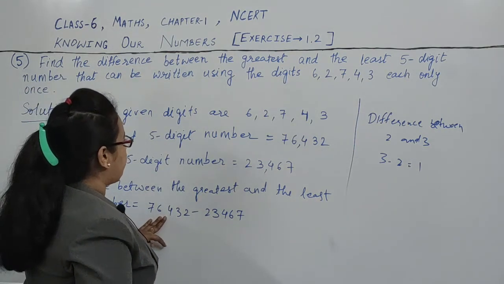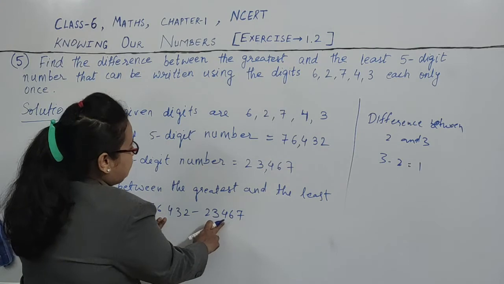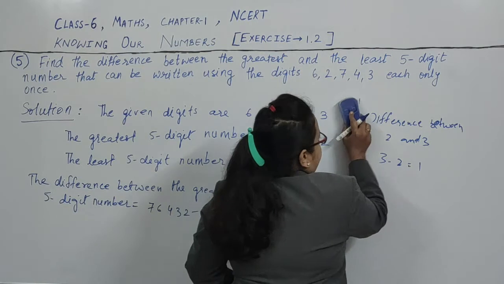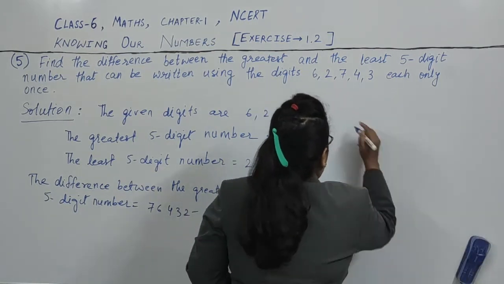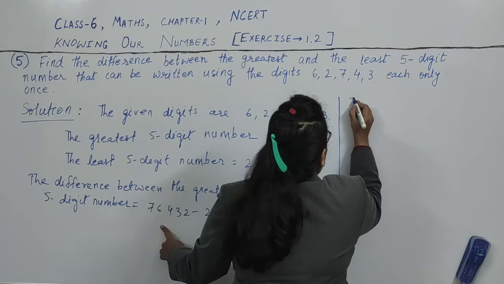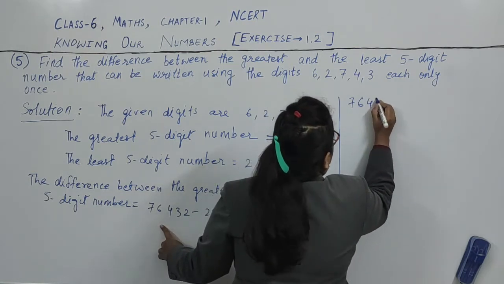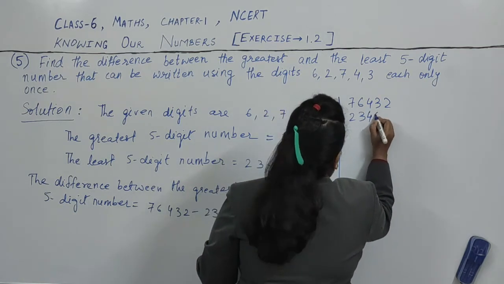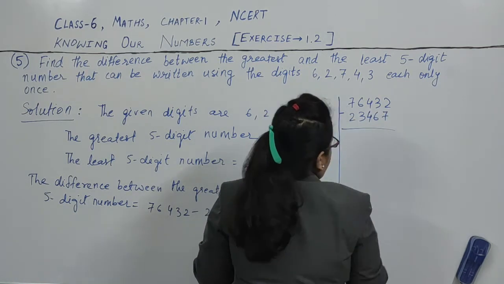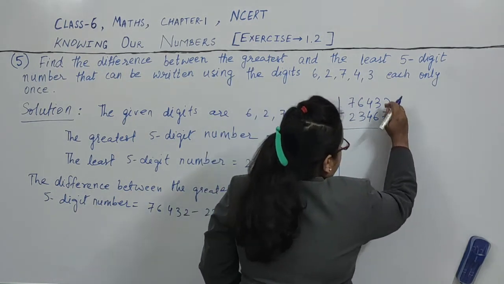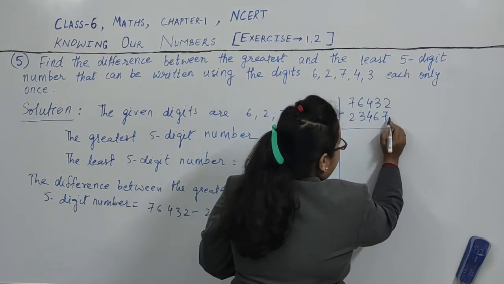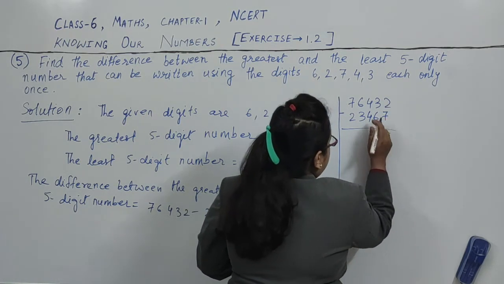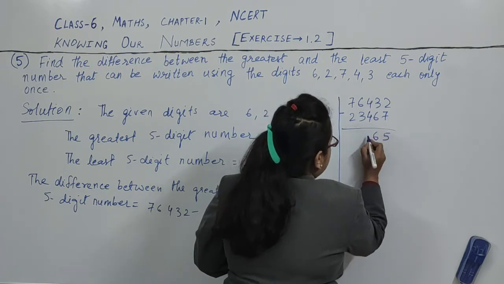So we will do the subtraction now. 76,432 and this is 23,467. 2 minus 7 is not possible, so we take a carry, it becomes 12. 12 minus 7 is 5. This becomes 2. 12 minus 6 is 6. This becomes 3. 13 minus 4 is 9.